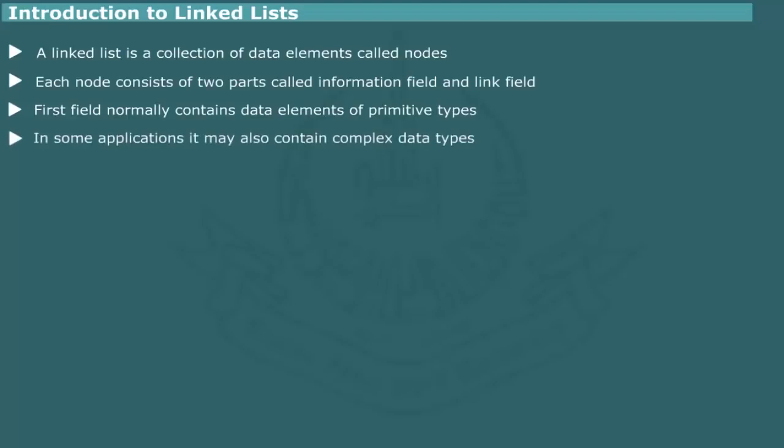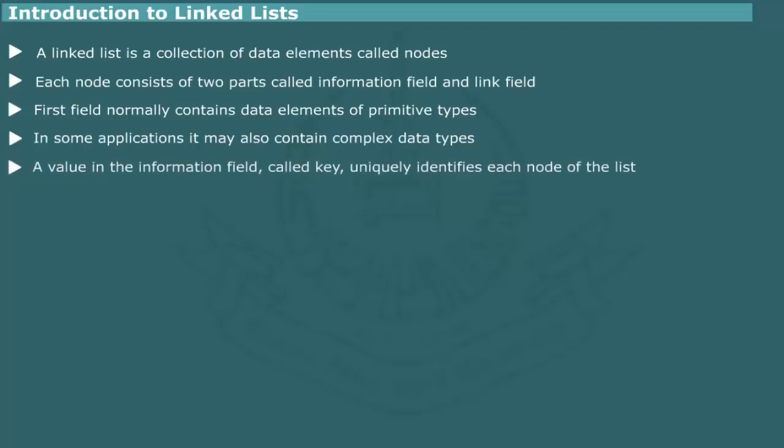In some applications such as database, the information field may contain complex data types such as records consisting of several data items. In this case, however, one data item called key value uniquely identifies each node in the list.